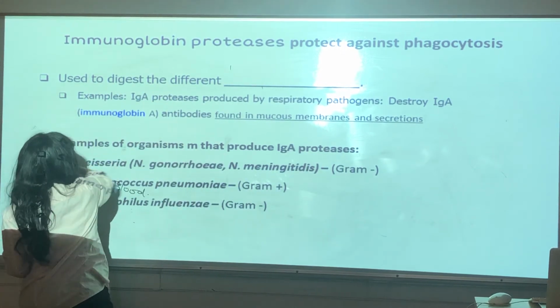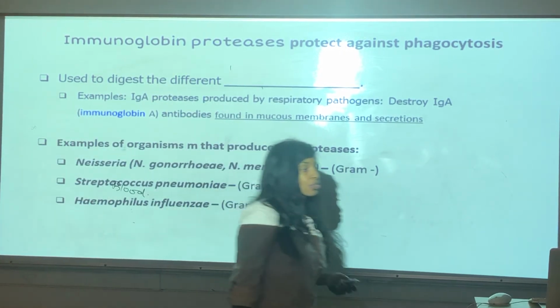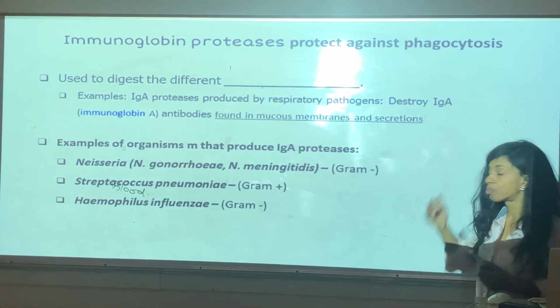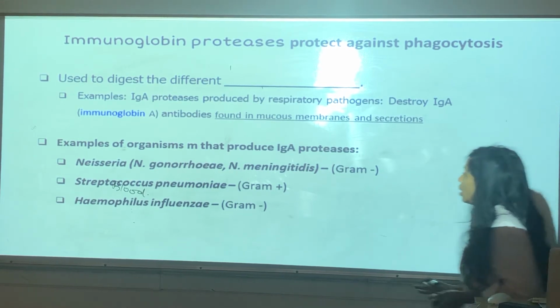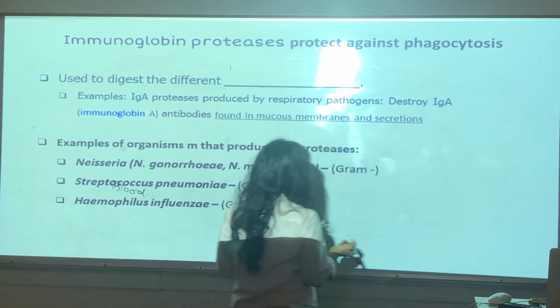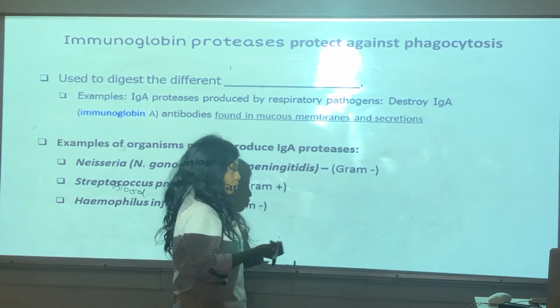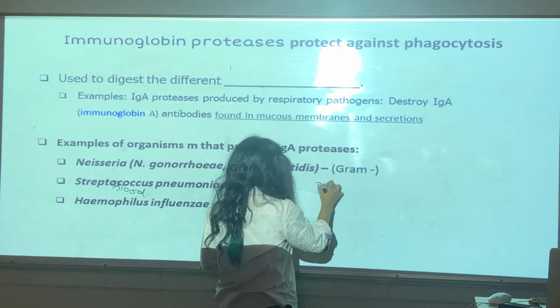So another mechanism that some bacterial cells use in order to protect themselves against phagocytosis is by making an immunoglobulin protease. Before we look at the entire slide, let's look at what we mean by immunoglobulin and what we mean by protease. What is a protease?